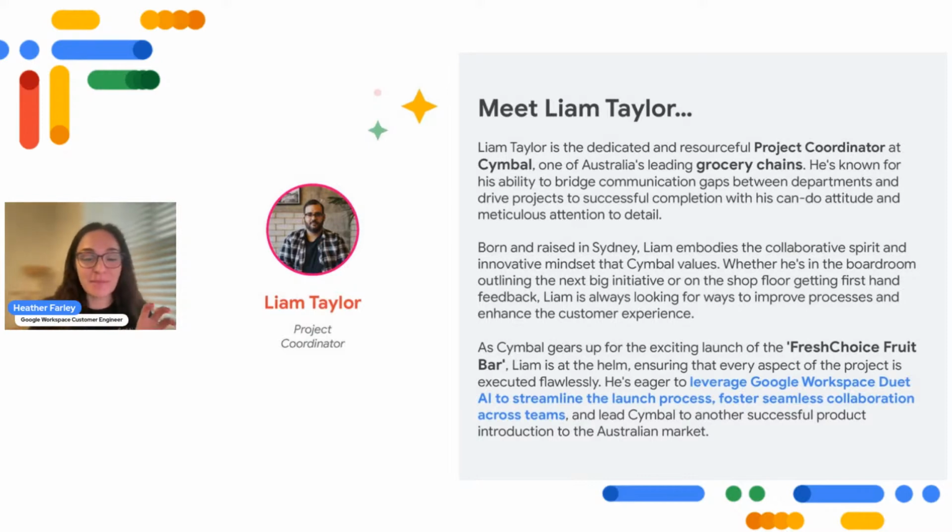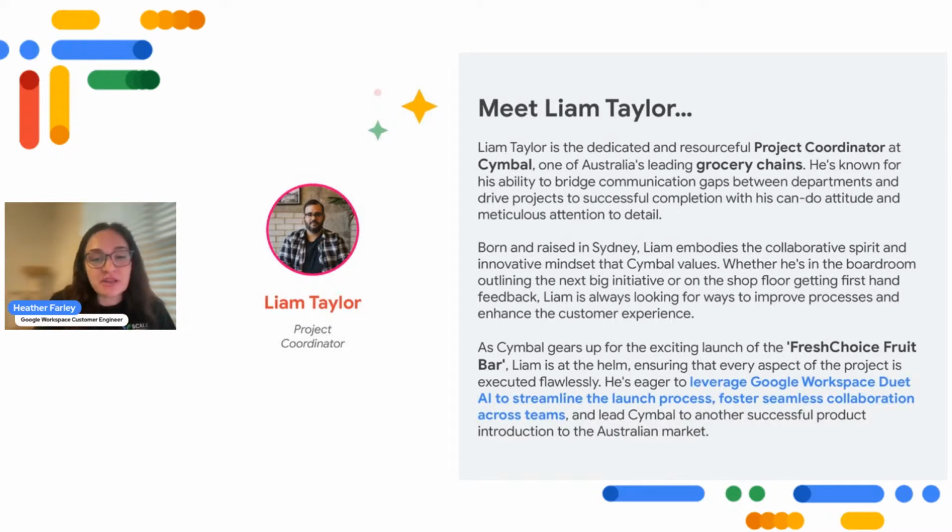So you'll notice that most of our examples today will be based in the Australian experience. So look forward to that. But the main thing that we need to know about Liam Taylor is that he is part of Symbol, the organization, and Symbol is going to be launching a fresh choice fruit bar.